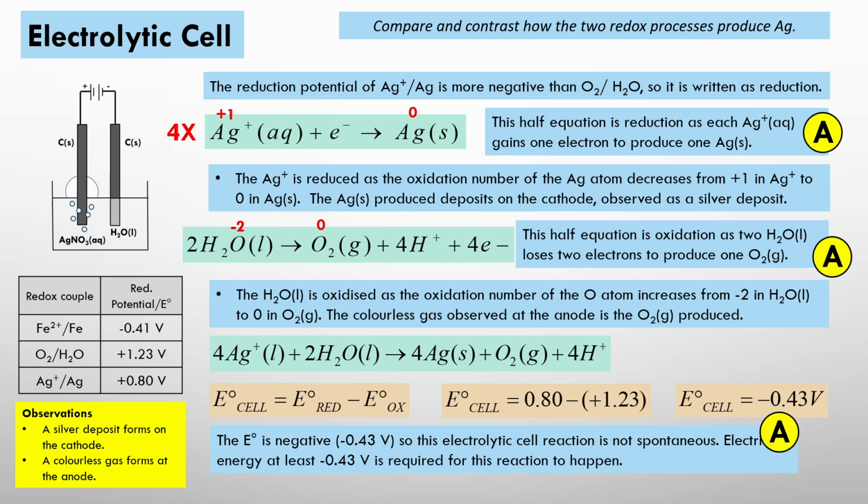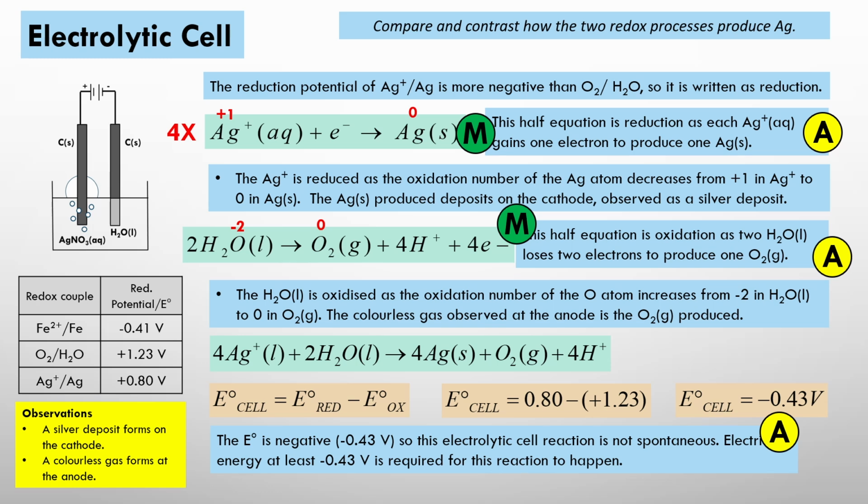The other thing that we need to do is say something about this being not spontaneous because it's negative. That's needed for the achieve point. Okay, we have to have some understanding that the electrical energy is being supplied because it's not spontaneous. For merit, balance the equations, the half equations, not the full one, balance for merit.